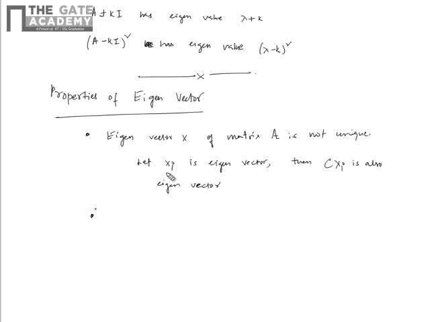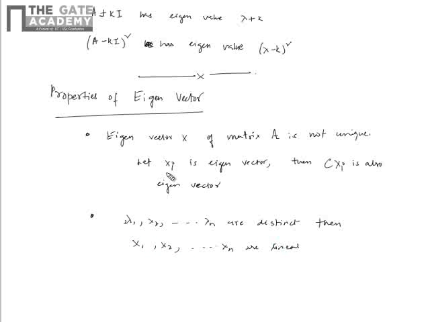Another property is that if lambda 1, lambda 2 and so on till lambda n, which are the eigenvalues, are distinct, then x1, x2, ..., xn are linearly independent.